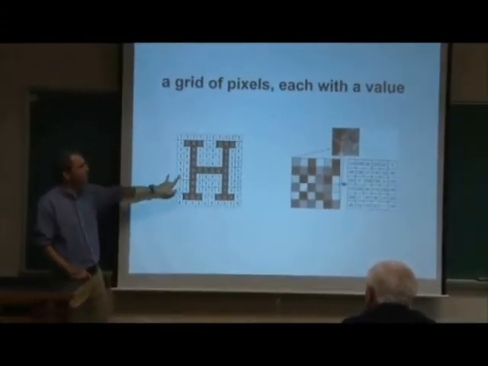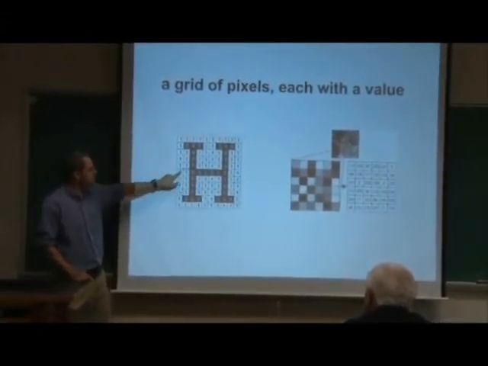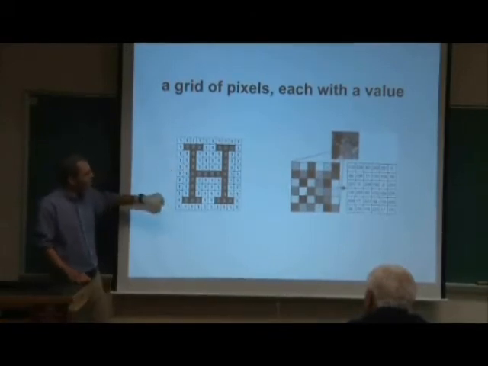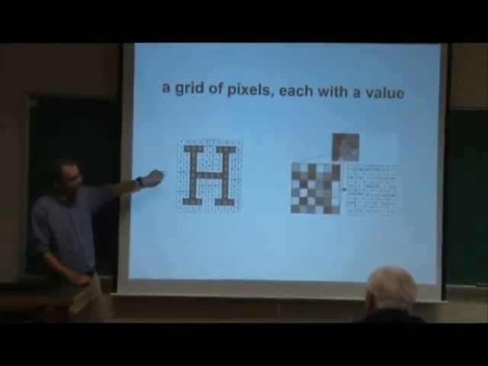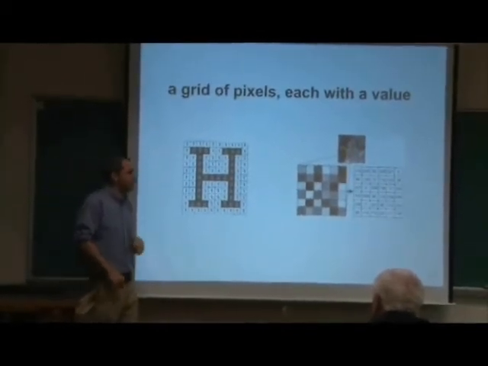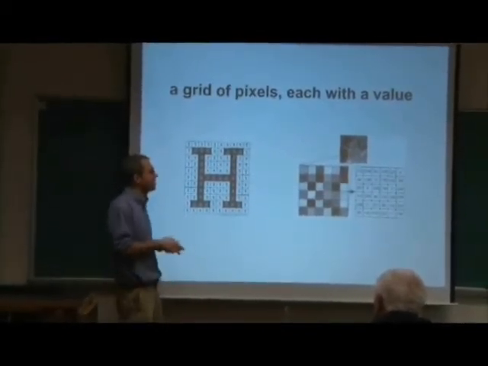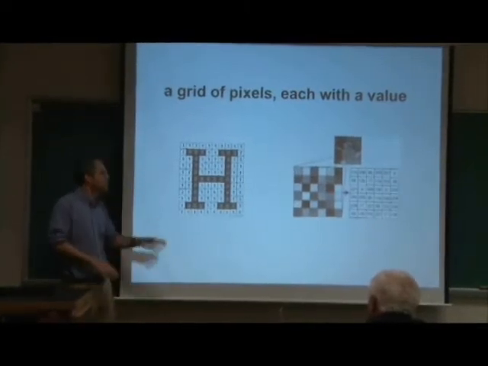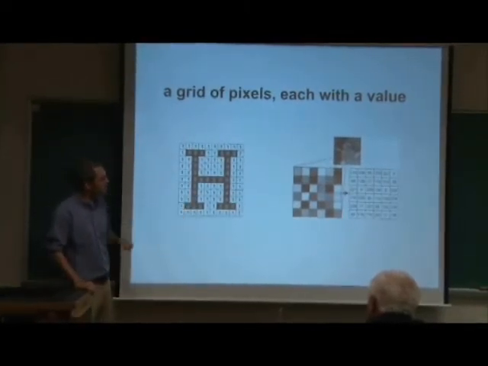And underneath the grid in a digital image, each one of these squares is a pixel. Each pixel is represented by a number, right? So the number is what indicates the color value of the pixel. So this H here is an extremely simple digital image that is made up of only black and white.